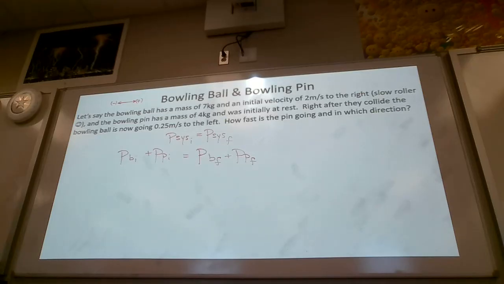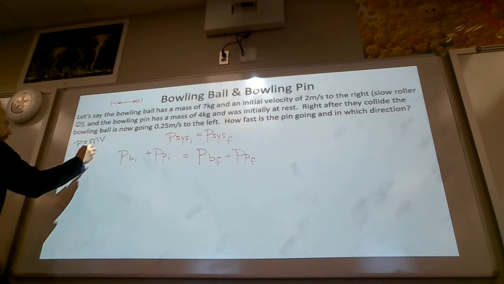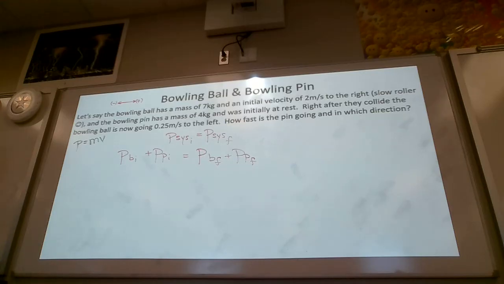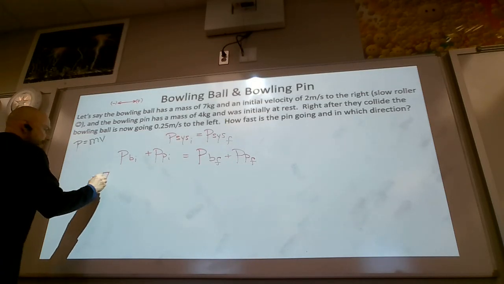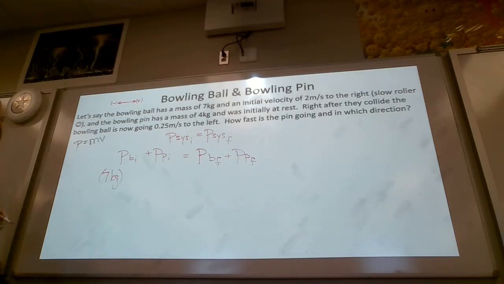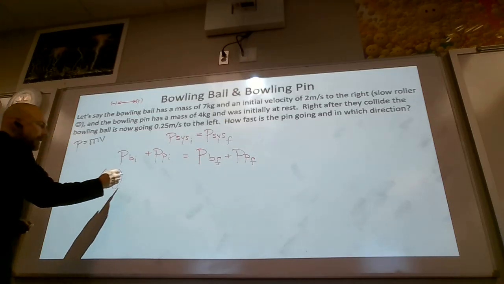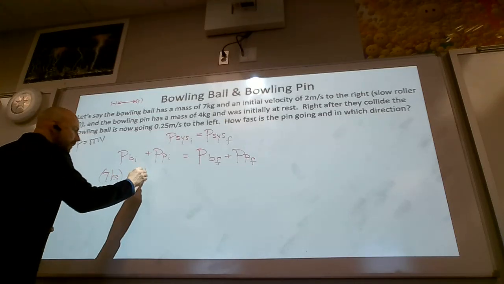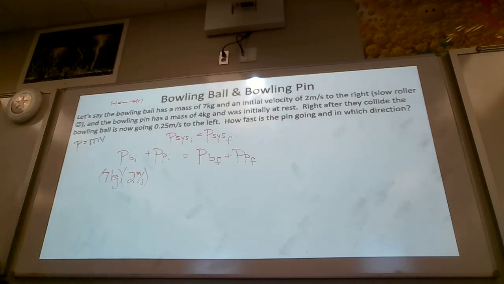But now we need to remember that momentum is equal to mass times velocity. So the momentum of the ball initial: it had a mass of 7 kilograms and an initial velocity of 2 meters per second to the right. Now, velocity, does it have direction?